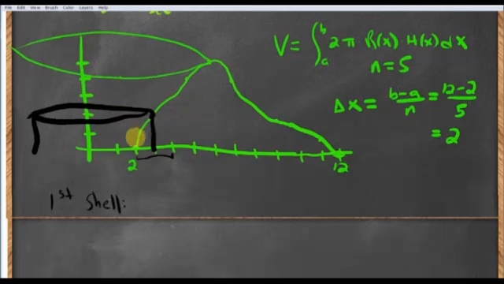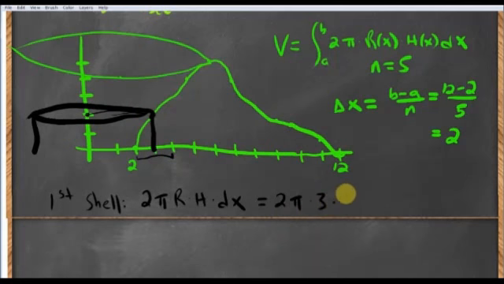And we'd have to find the volume of this. Now the volume of each shell is 2 pi radius times height times delta x. So in this case it's 2 pi. Now the radius is the distance from the axis of revolution to my point on the graph. That's 3.